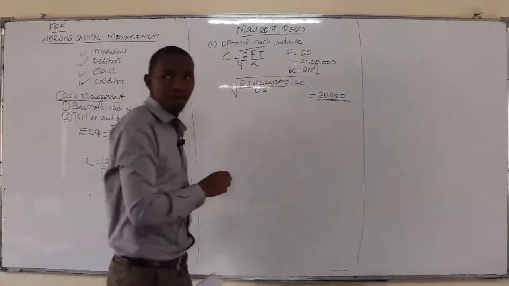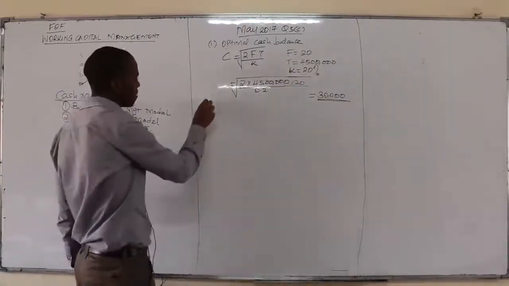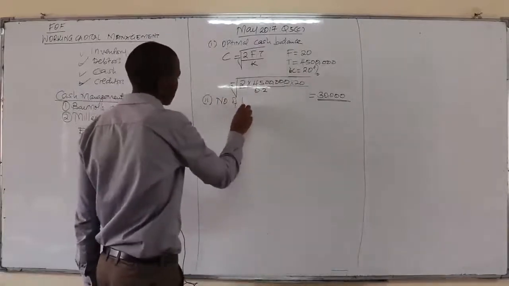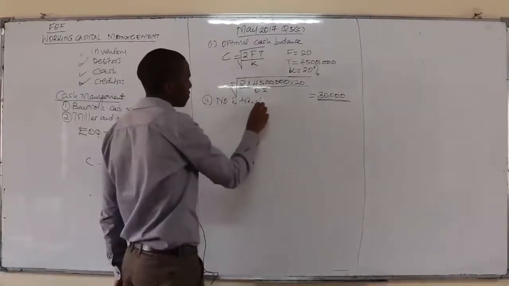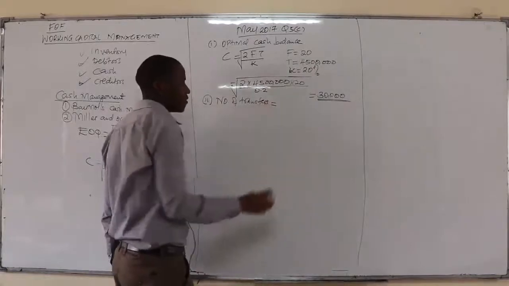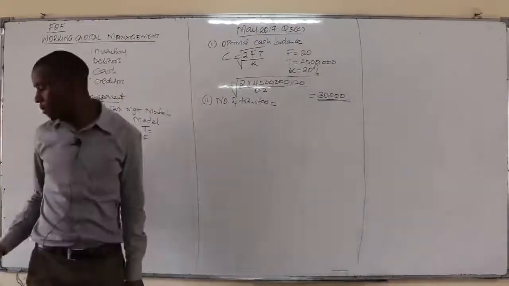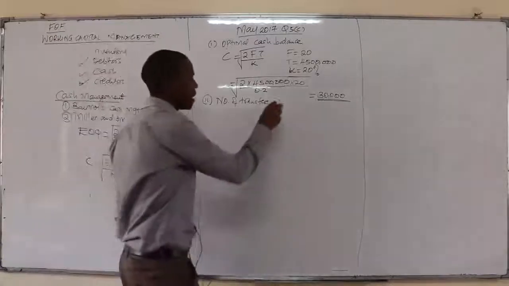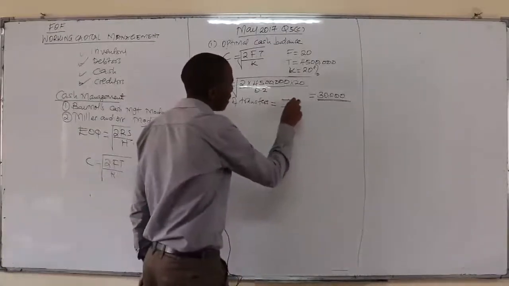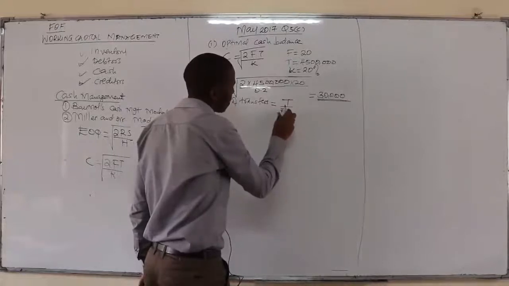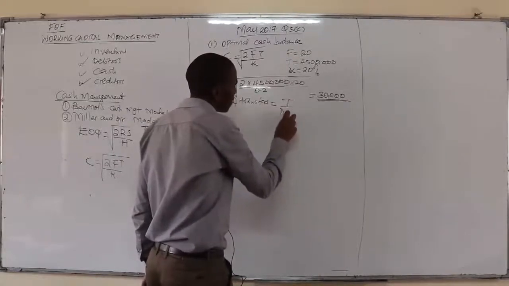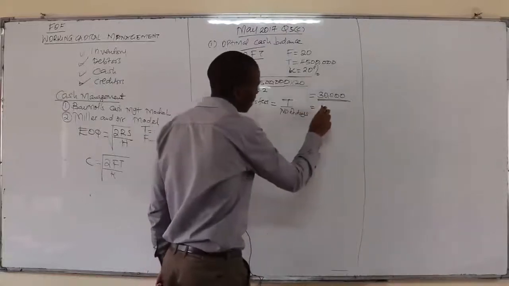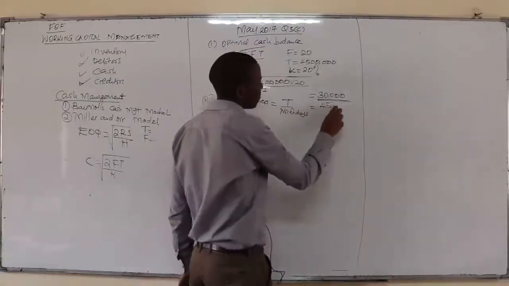Are we together? In other cases, they may also ask you the number of transfers. The number of transfers in this case will be given by taking the total amount, that is the T, you divide by the number of days in a year, which in that case will be 4.5.